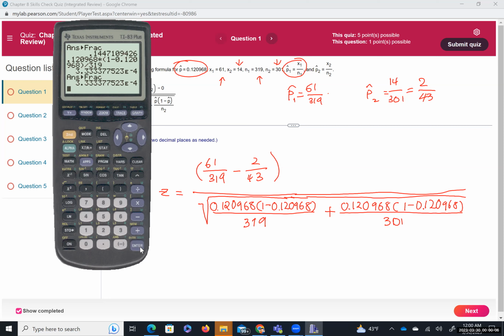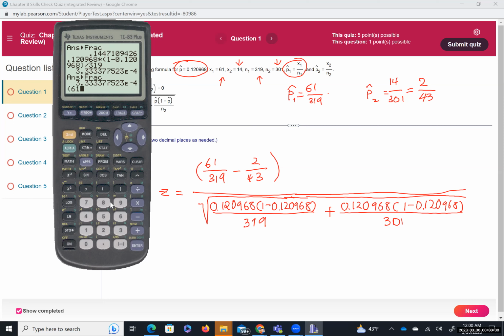So in this case, what I'm going to do is put everything in at one time for the calculator. So make sure that I put parentheses for the top, so I keep it as a group.